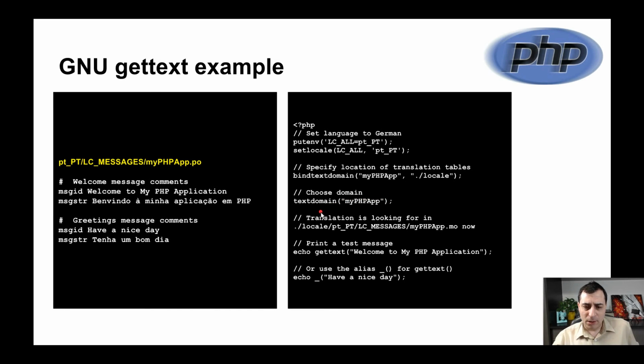In this case, you specify that you want text for this context, my PHP app, and it will use the gettext function to retrieve the translation for the current language for this string, or the underscore function. If your current language is the default language, for instance English, it will simply return the string that is passed back to it. So that's why there is no need for specifying a file with translations for the default language.